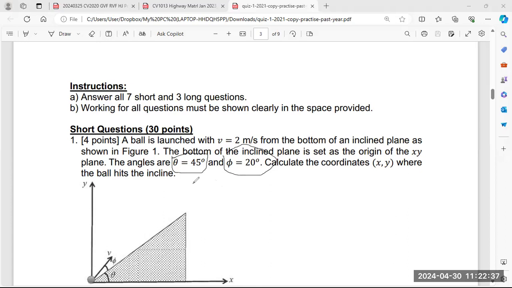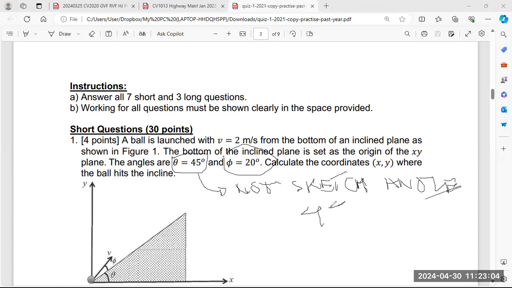I advise you not to sketch the angle at 45 degrees, even if the angle theta here is 45.